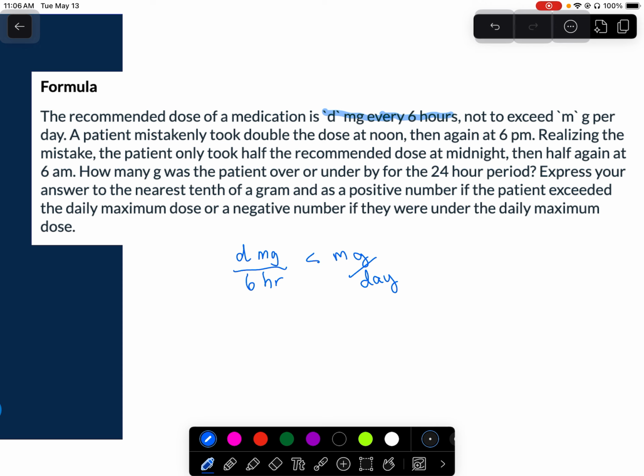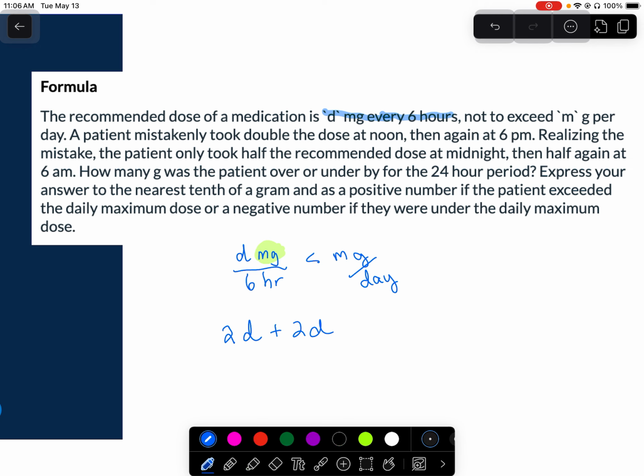Okay, so let's think for a second. They took double the dose at noon, so that is 2 Ds. And then again at 6, another 2 Ds. Now these are in milligrams, and it's really important that we always keep in mind our units.